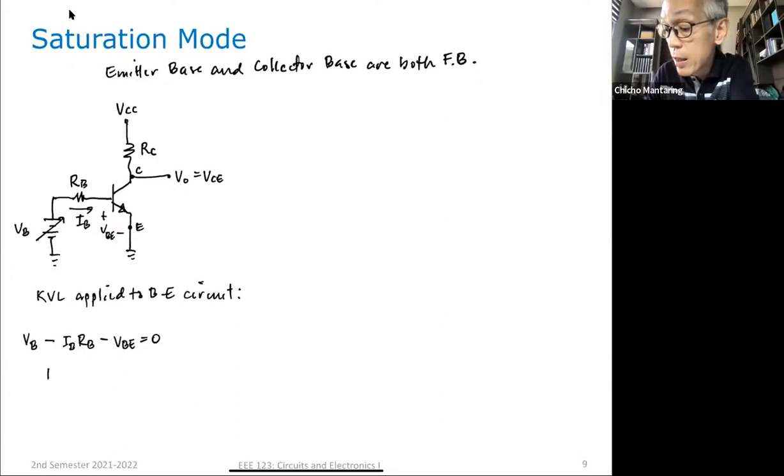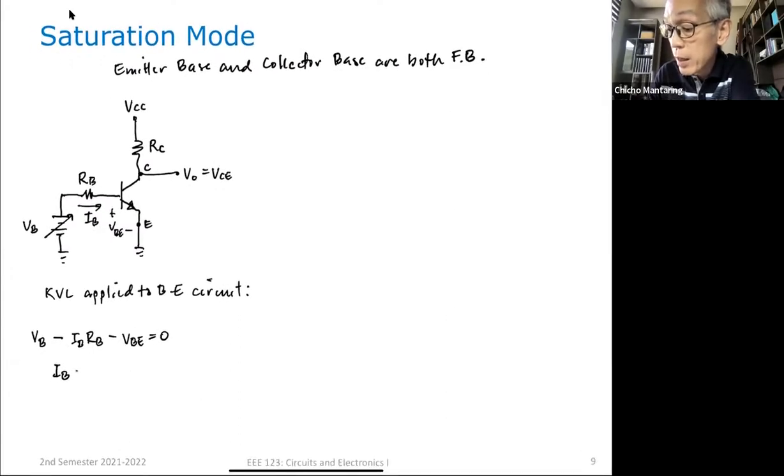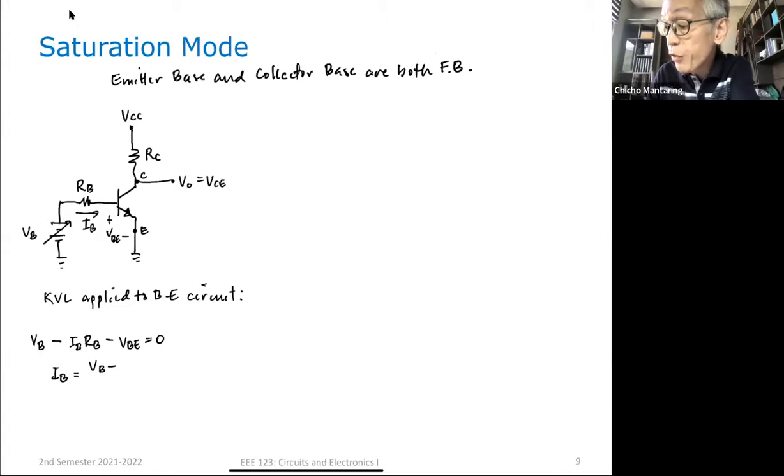I can now compute for IB. This is going to be VB minus VBE all over RB.